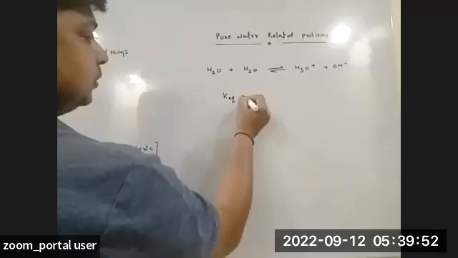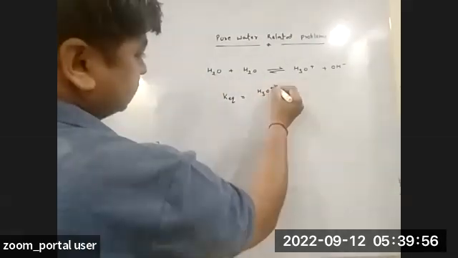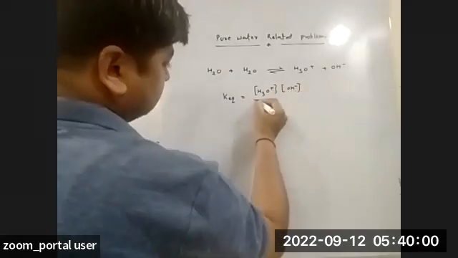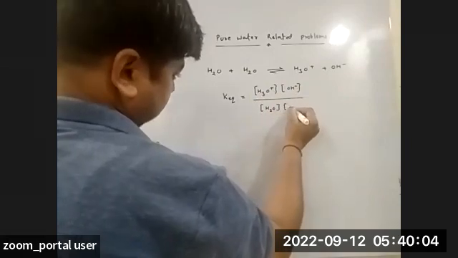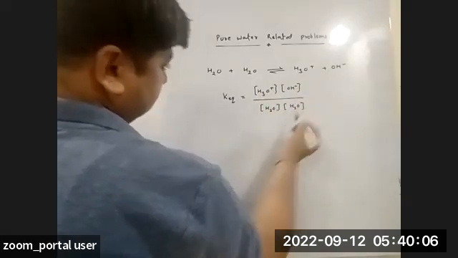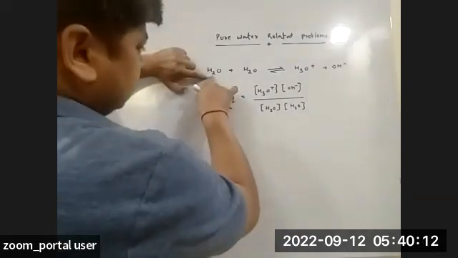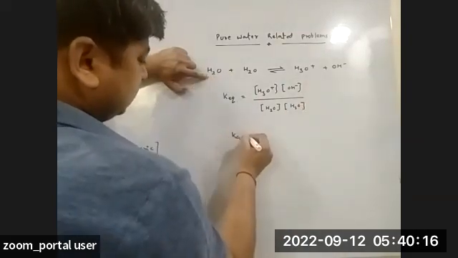Yes. Now we can write K equilibrium of this reaction: activity of H3O plus into activity of OH minus at equilibrium, divided by activity of H2O into activity of H2O. So this is the K equilibrium of the reaction. Now this H2O is acting as an acid, so we can write Ka.